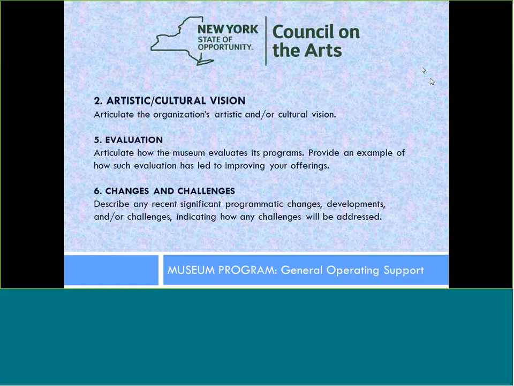I find that art museums don't tend to have a problem with this, but sometimes historic sites, historic houses, science museums sometimes do. So for all of you, remember you are applying to the New York State Council on the Arts. Our mission is to support arts and cultural activities.